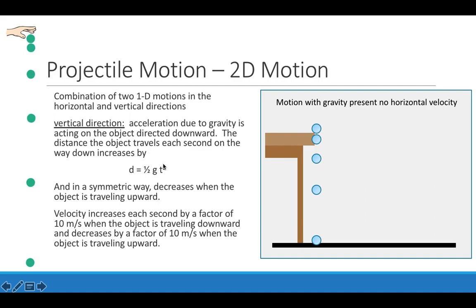The distance covered depends on time: the distance is just 1/2 the gravitational acceleration, which is 10 meters per second squared, times the time squared. And as we mentioned before, the velocity as it's falling down increases 10 meters per second every second.